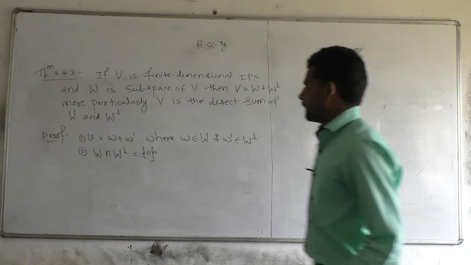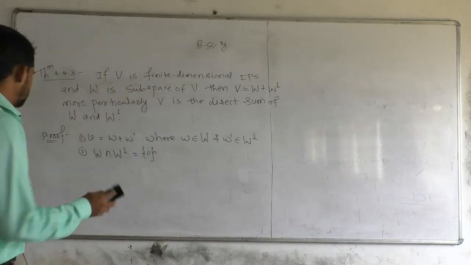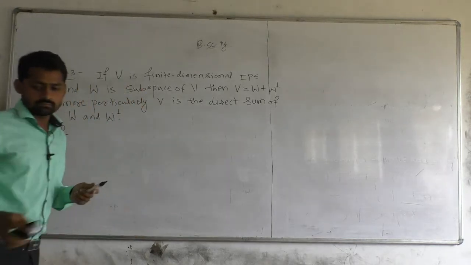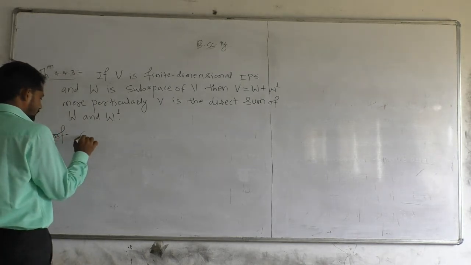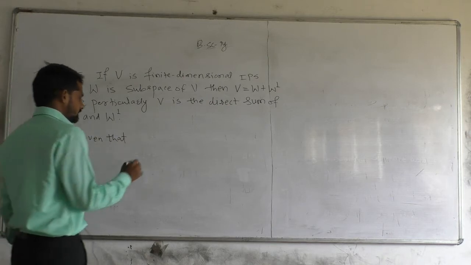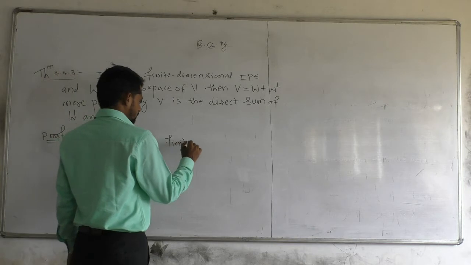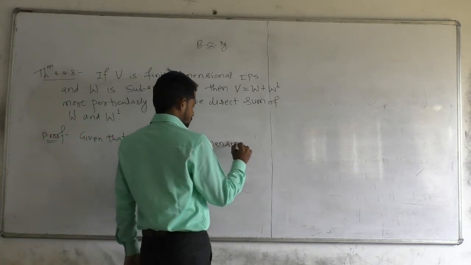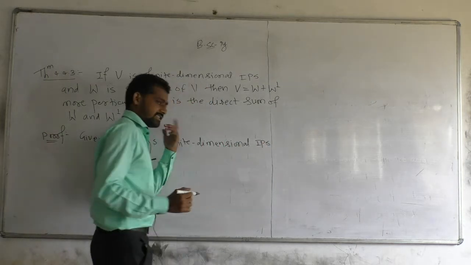So proof. Given that V is a finite dimensional inner product space, and W is its subspace.